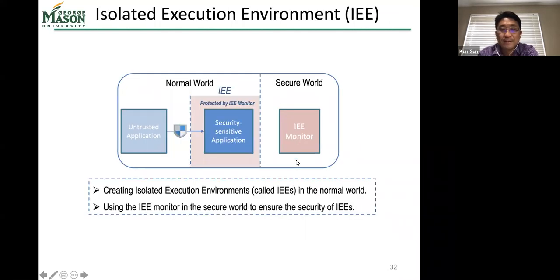To solve this problem, there is a solution called the isolated execution environment. The idea is that instead of installing sensitive applications in the secure world, we install them in the normal world, and then we use an IEE monitor to protect the whole environment in the normal world.